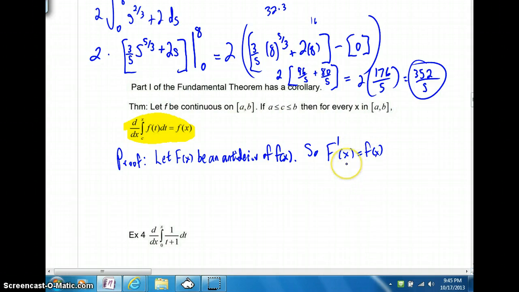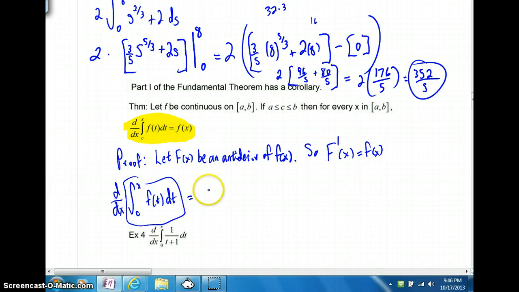Well, if that's the case, let's just follow this through. We'd say d dx, we're going to take a derivative of this, c to x, and here's our f of t dt. Well, let's work this integral out with part 2 of the fundamental theorem.